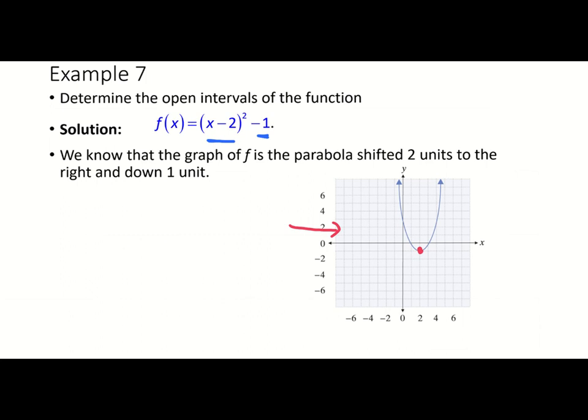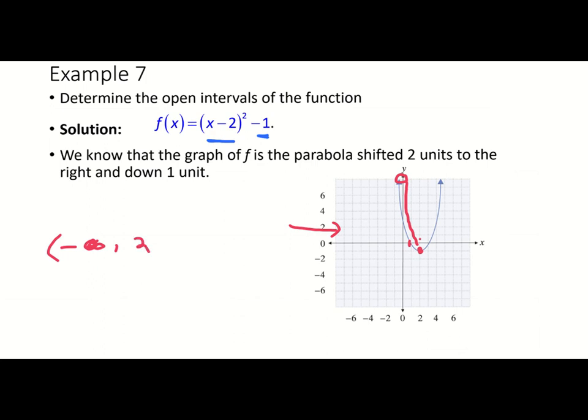So from the first part, from left to right, even though it has this arrow here, it is going downhill. So my graph, because it has that arrow there, is decreasing from negative infinity until we get to, and you always look at the x value here, a 2.